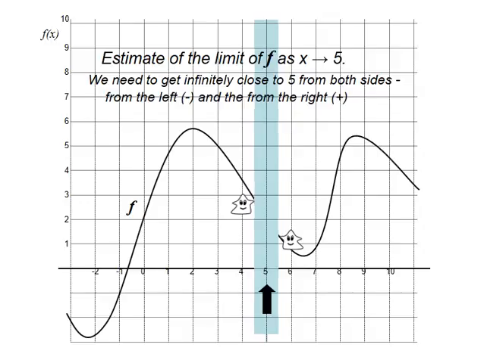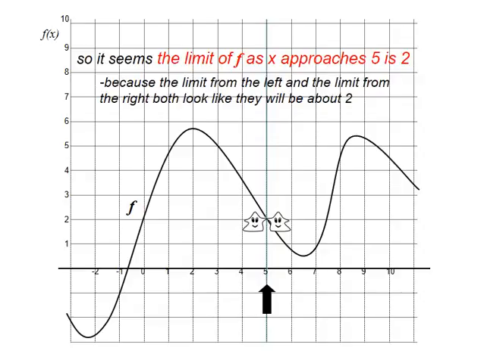Still closer. So it seems the limit of f as x approaches 5 is 2, because the limit from the left and the limit from the right both look like they will be about 2.